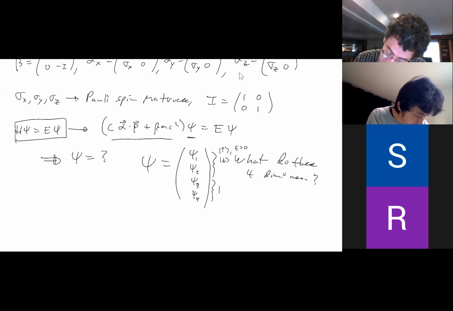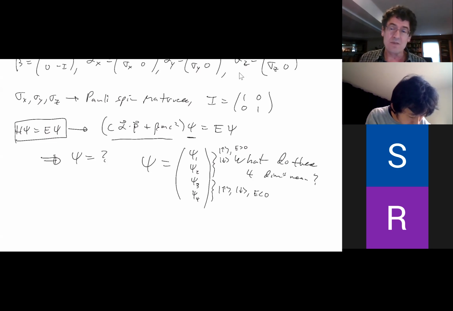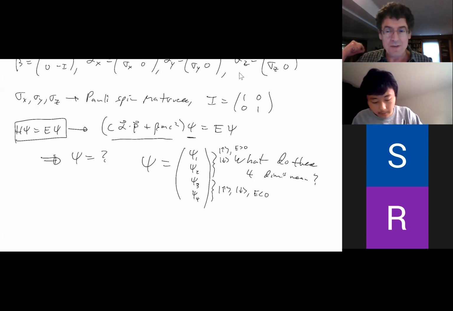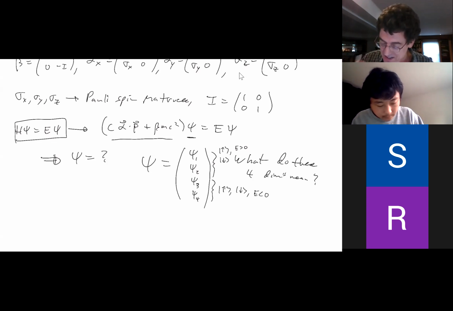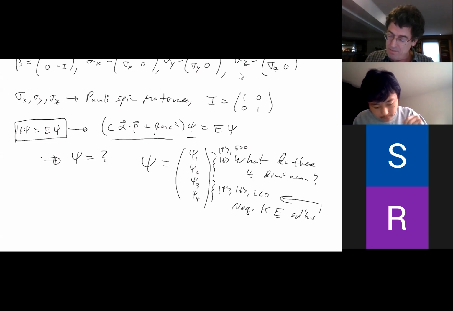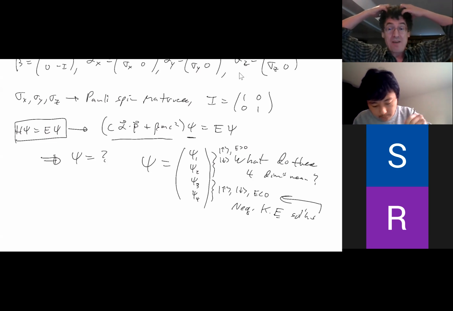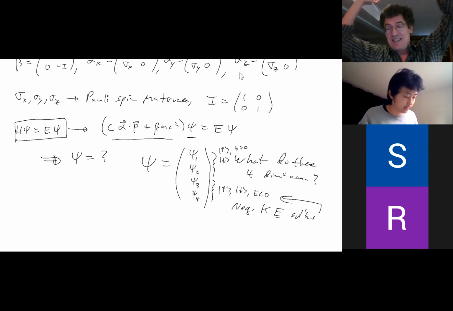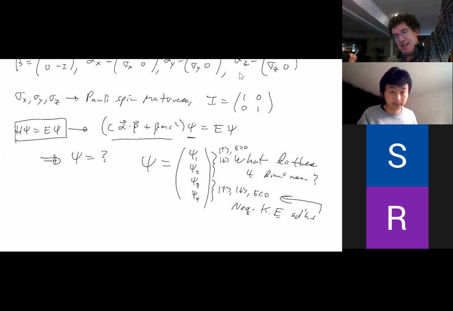And these two here are going to be the spin up and spin down negative energy solutions. So we have negative energy. You have to have negative energy, which really kind of makes no sense. What the hell is negative energy? Because we're talking about kinetic energy. What the hell is negative kinetic energy? Negative kinetic energy solutions. Okay, but we will talk about this more next time. All right, so this is where we'll stop.